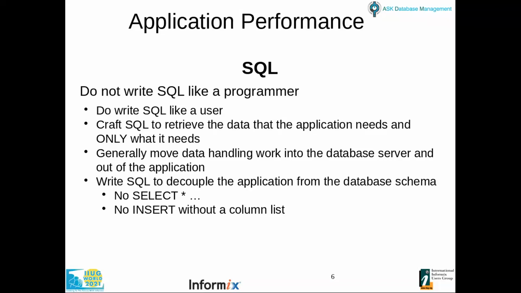So we want to write the SQL to decouple the application from the schema. So you don't ever want to write select star, because that couples your application to the database schema. If you have to change the schema, add a column, drop a column, change the nature of a column, perhaps change an ID column from an integer to a string, you're going to break your application, right?